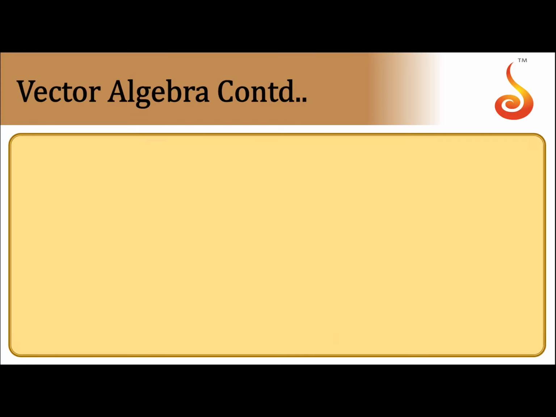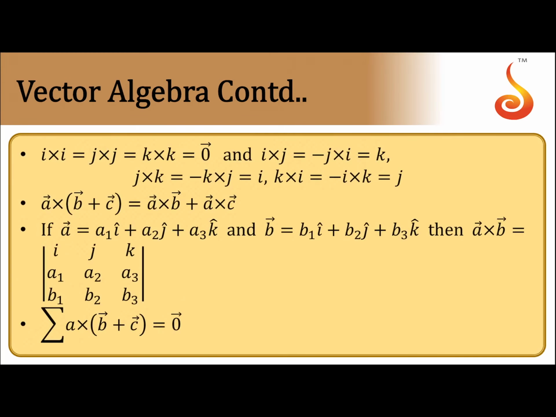Let's consider next. Suppose i, j, k are the unit vectors, an orthonormal triad, mutually perpendicular to each other. i cross i will be 0, since the cross product of any vector with itself is 0; j cross j is 0, k cross k is 0. i cross j: modulus i, modulus j, into sine of the included angle between them, 90 degrees, multiplied by the k vector, because k is a vector perpendicular to both i and j.